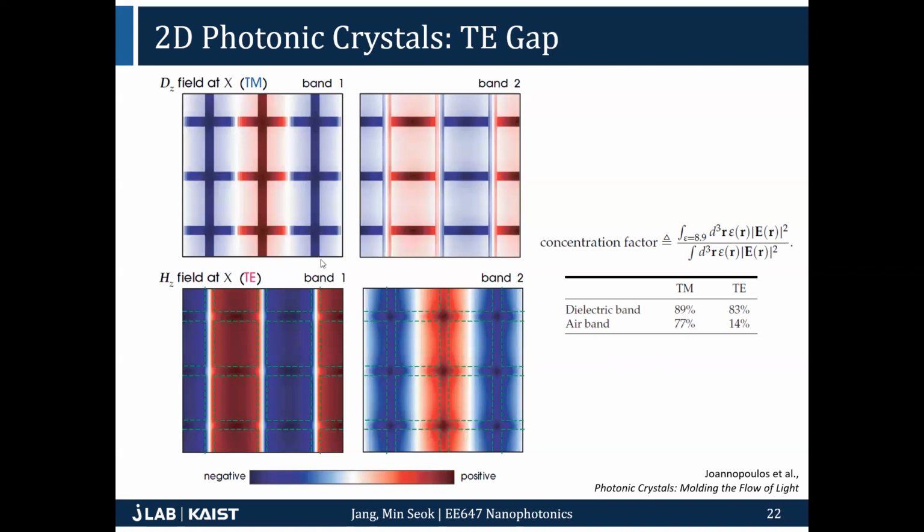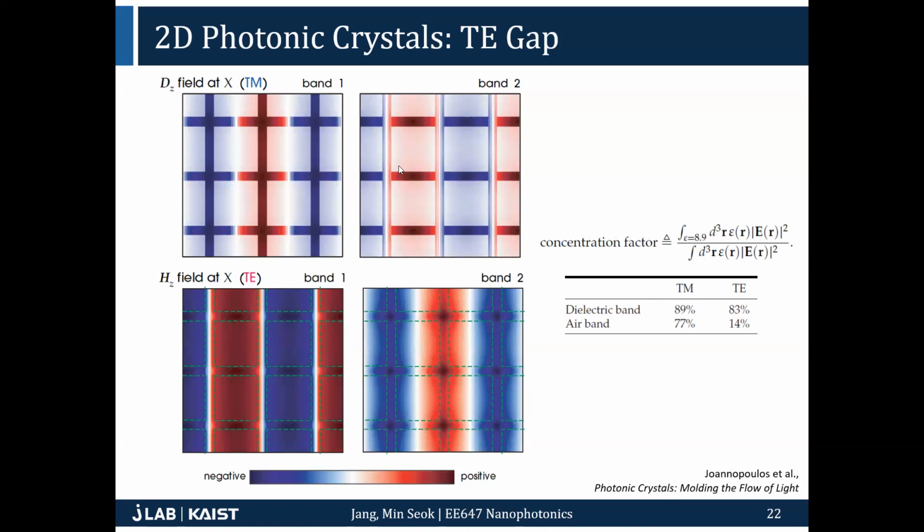And in band 2, one big difference is that now you have connecting bars, so that even for band 2, your electric field is still concentrated in the high index medium. So the concentration factor is not that much different.